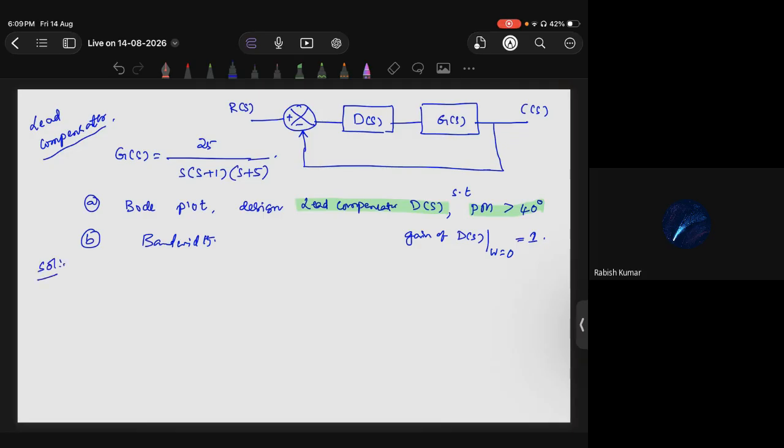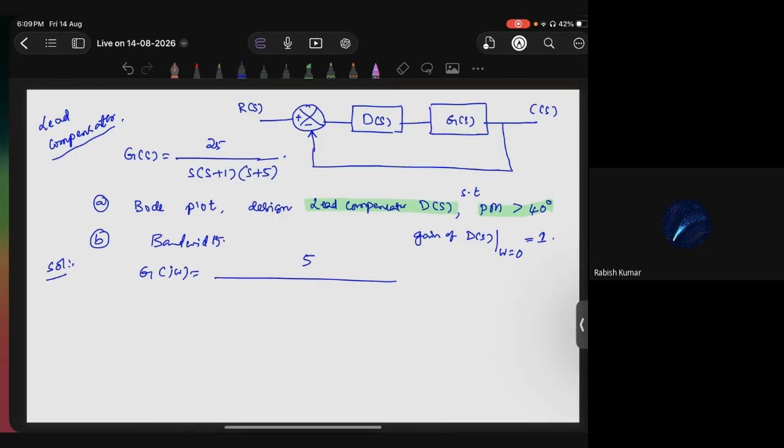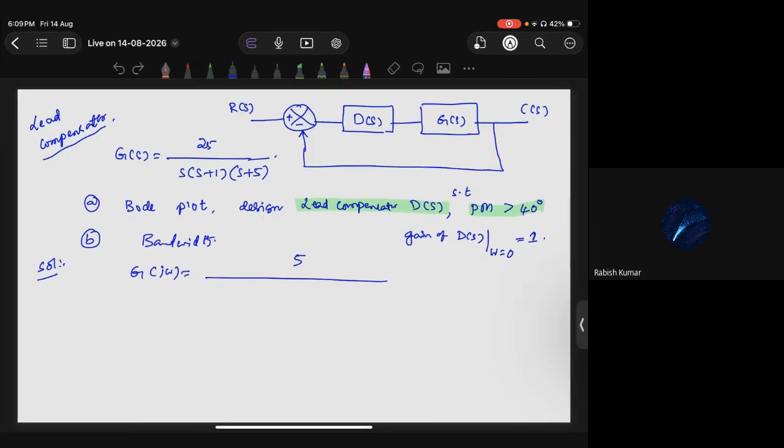Okay. So what would my Z of j omega be? Z of j omega, if you take the 5 common, you'll get 5 by j omega multiplied by 1 plus j omega, multiplied by 1 plus 0.2 j omega.